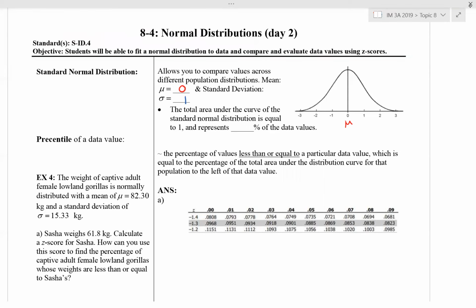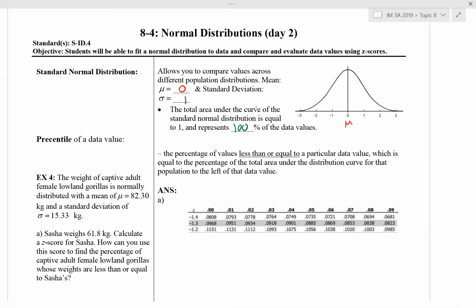The total area under the curve of the standard normal distribution is equal to 1, and so that represents 100% of the data values. So if I'm going past those 3 standard deviations, that contains 100% of the data, versus, remember, we know that if we stop at 3 standard deviations, that only represents 99.7% of the data.